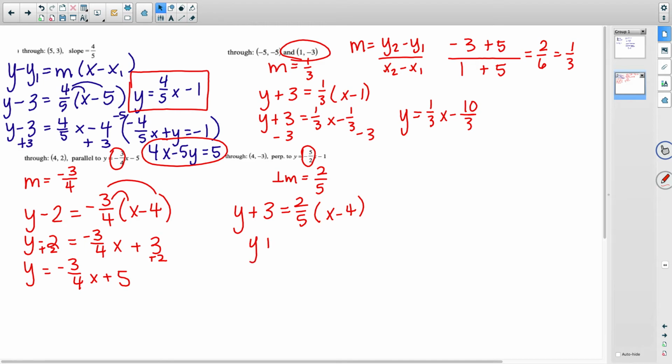Distribute your 2/5. Then you're going to subtract 3 from both sides. Y equals 2 over 5x minus 23 over 5.